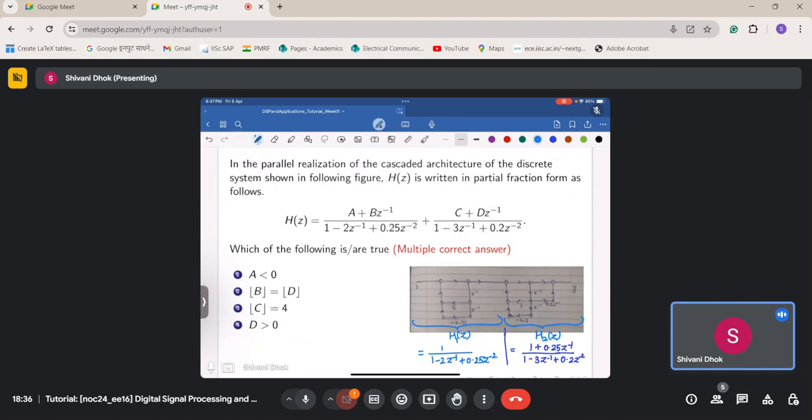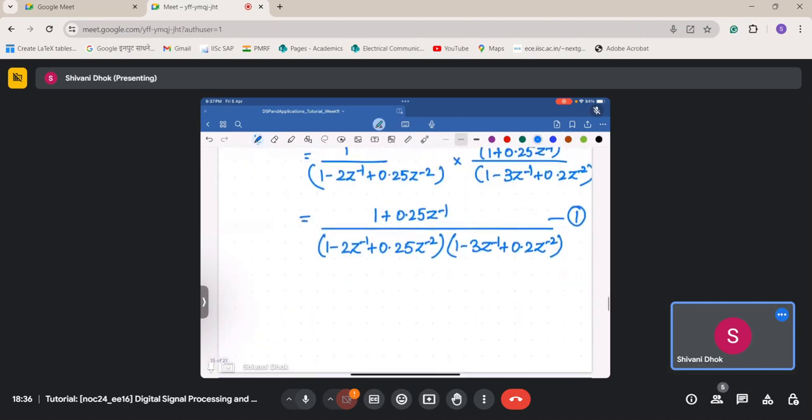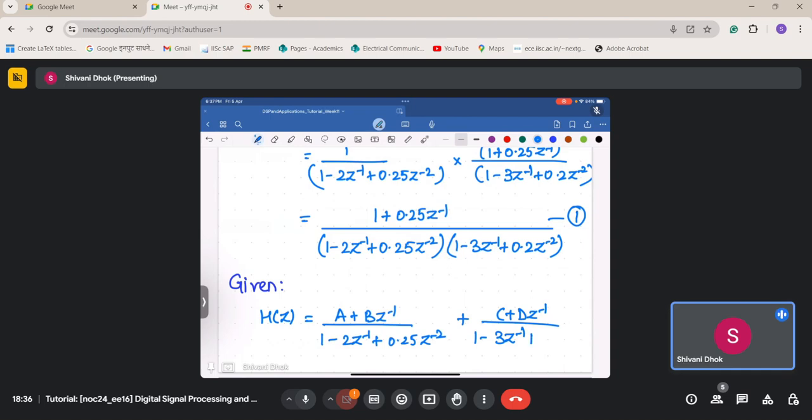So now let's get to this form. From the given thing we have H of z equal to a plus bz inverse upon 1 minus 2z inverse plus 0.25 z to the power minus 2, plus c plus dz inverse upon 1 minus 3z inverse plus 0.2 z to the power minus 2.